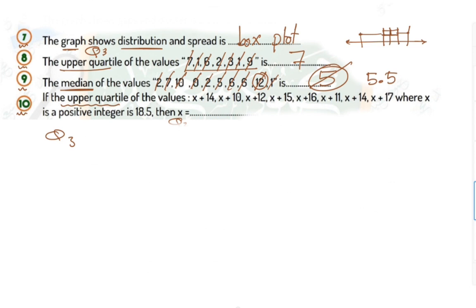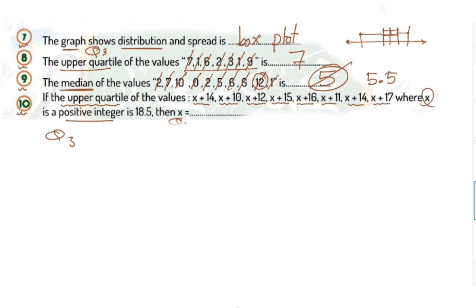Look with me. These values are not just direct values, but expressions. The first expression, x plus 14, x plus 10, x plus 12, x plus 15, x plus 16, x plus 11, x plus 14, x plus 17, where x is a positive integer.